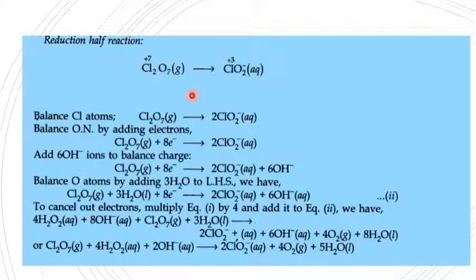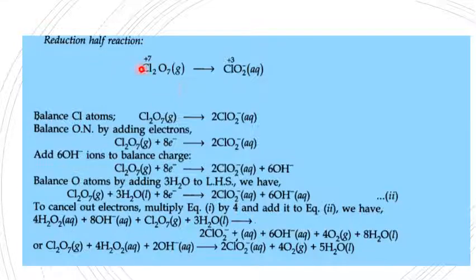Now students, see, Cl2O7 gas gives you ClO2 minus. Now you can check the oxidation state of chlorine, plus 7. Already you are familiar with how to calculate the oxidation number or oxidation state of any given atom.